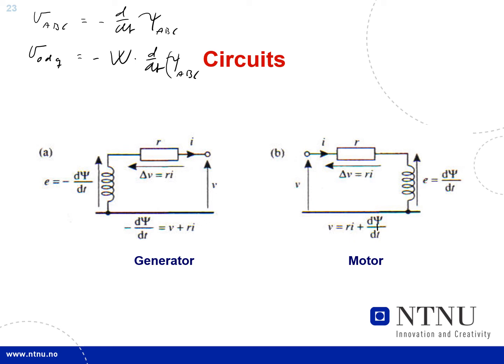But then we have to transform the fluxes. So we have V0dq equals minus W times d/dt of the inverse transformation times psi 0dq.